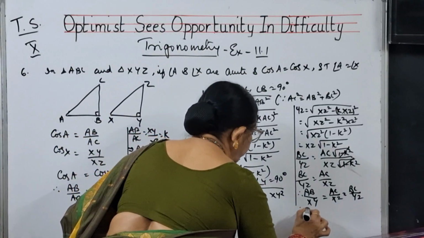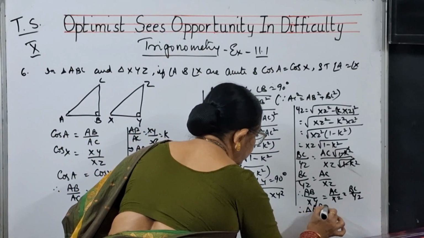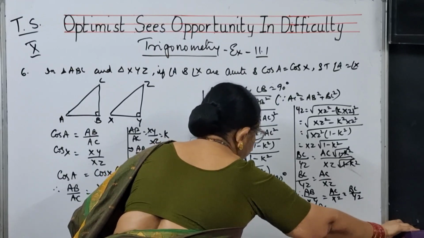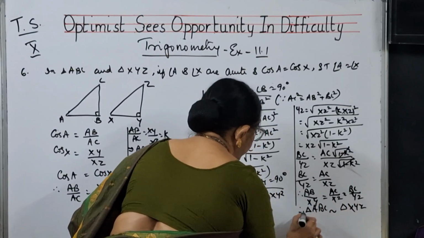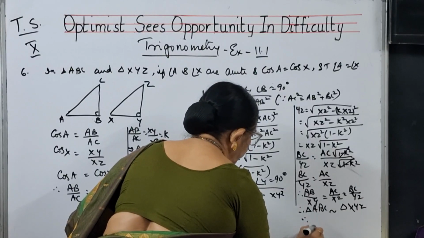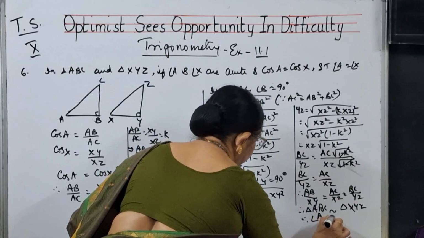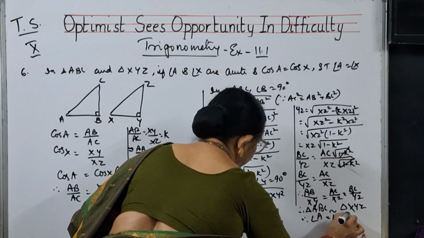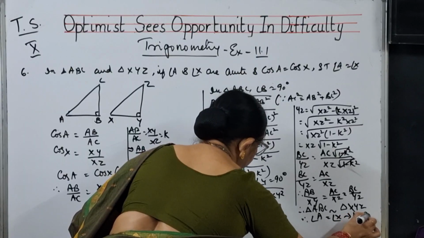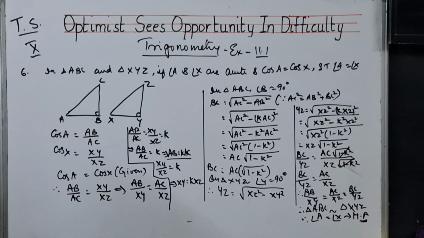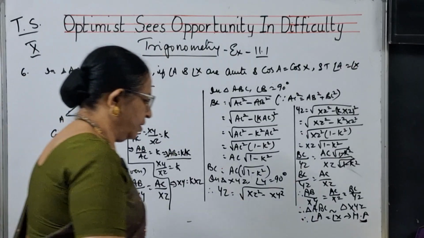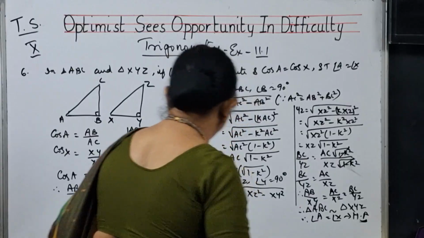Therefore, we will be saying that triangle ABC is similar to triangle XYZ. So if you could prove that when two triangles are similar, angle A is equal to angle X. This is how you have proved this, children. I hope I am clear. Please note it down. This is the sixth problem.